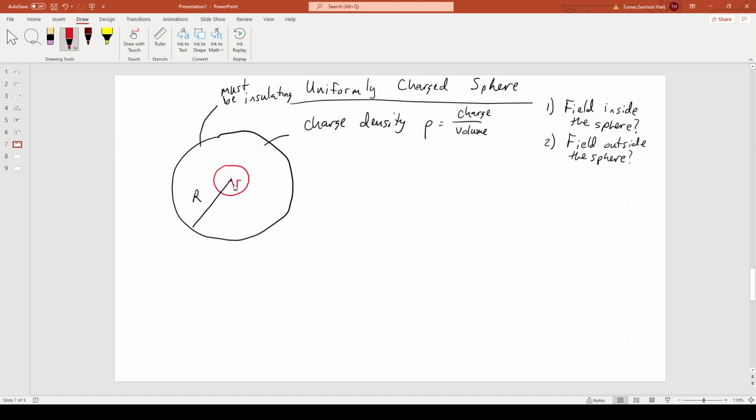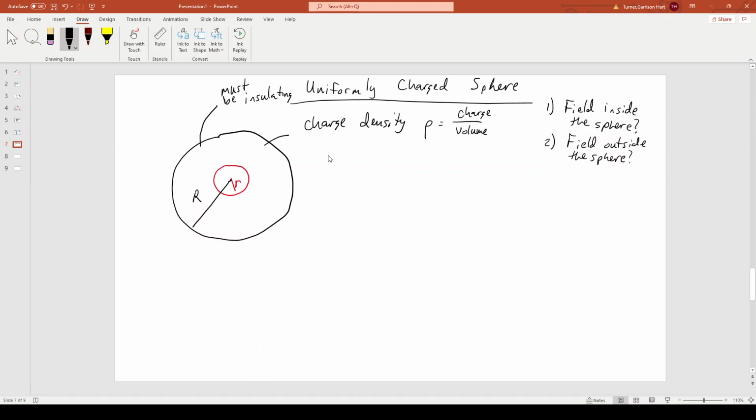Okay? So, what is the electric field inside the sphere? What does it look like?